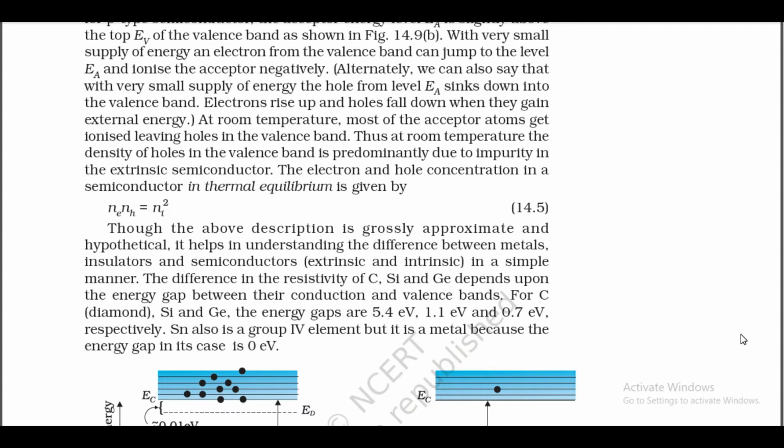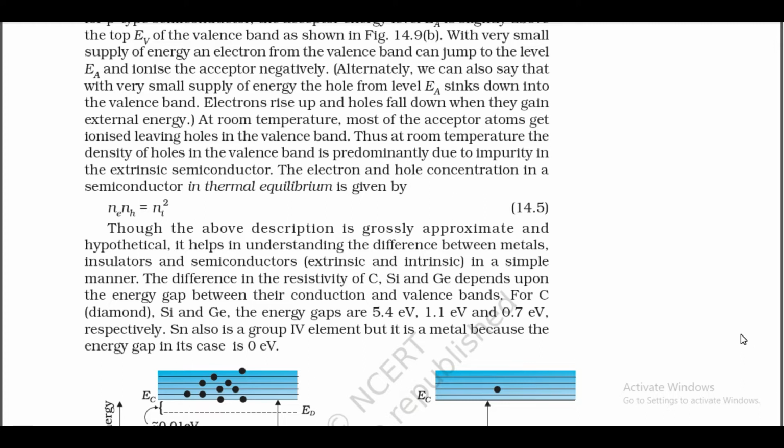Though the above description is grossly approximate and hypothetical, it helps in understanding the difference between metals, insulators and semiconductors, extrinsic and intrinsic, in a simple manner. The difference in the resistivity of C, Si and Ge depends upon the energy gap between their conduction and valence band.